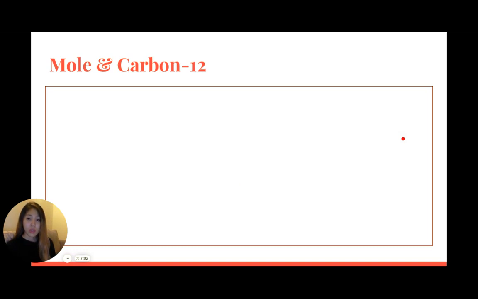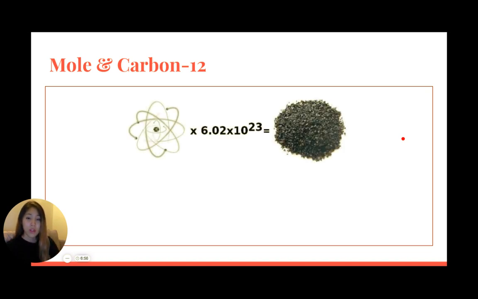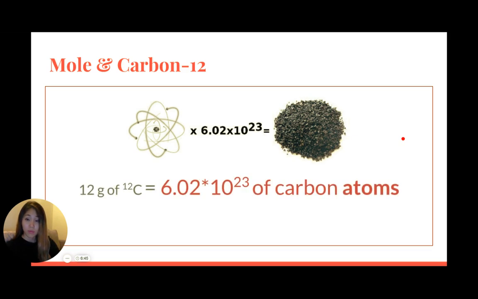Now we want to try to understand a little bit more about how Avogadro's number is related to moles. The word mole comes from a standardized unit of measurement derived from carbon-12. In order to find the number of atoms, they used carbon as the standard.